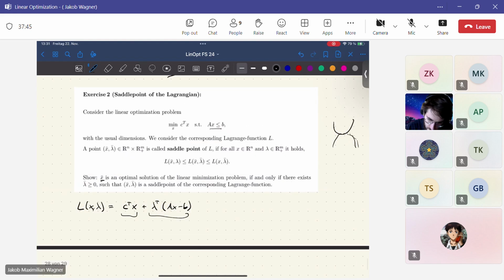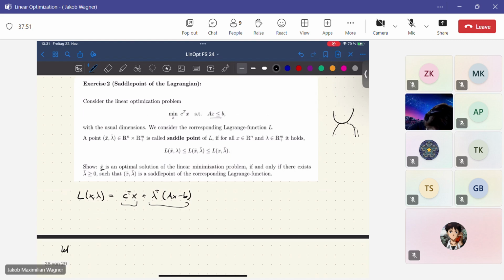So we need to show two directions. So let's first assume that x bar is a solution to this problem. Let's call it again star because it was earlier also star.